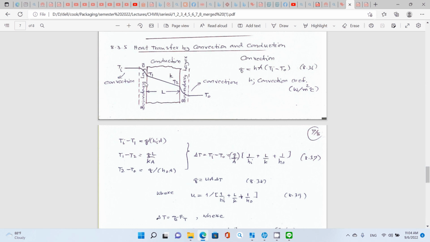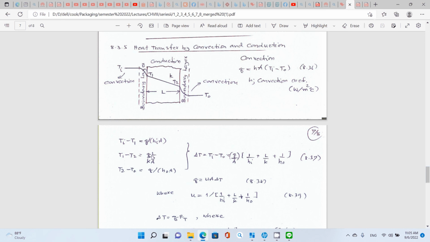Now, take a look at the figure. You have Ti and T0. This one is T1 and T2. This is the heat transfer by conduction. This one is heat transfer by convection. Also this one. So for the first one, Ti minus T1, that's the convection, so we apply Q over hiA. T1 minus T2, that's the conduction, right? So we have Q times L over KA.